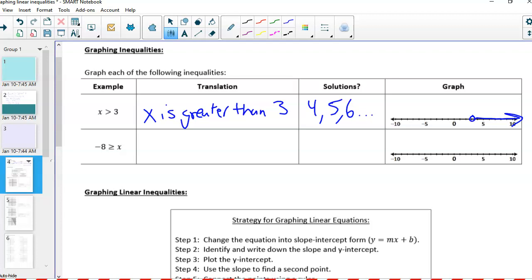What about this one? How would we translate this? Okay, so we could say it 2 different ways. I heard x is less than or equal to -8. And then I also heard -8 is greater than or equal to x, which is also true.